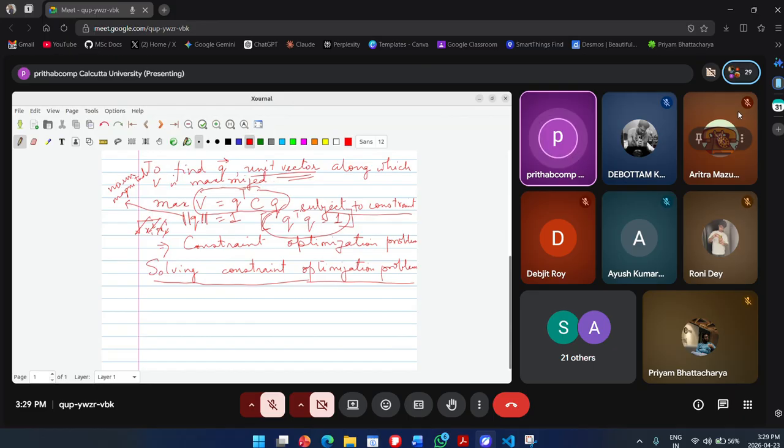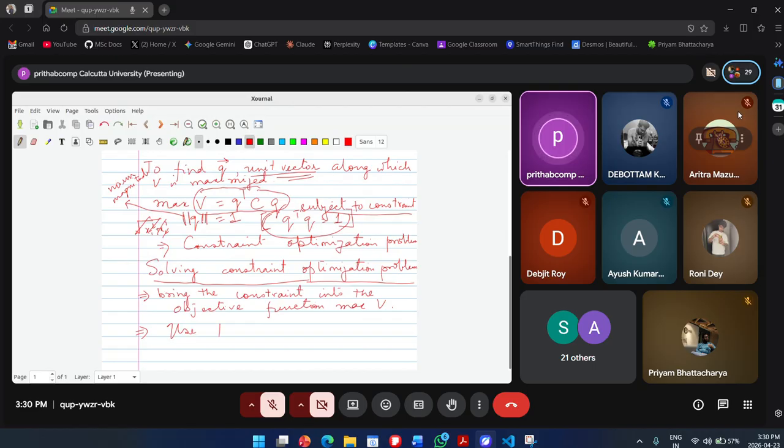So basically what we are trying to do is bring the constraint into the objective function, this maximization of V. The step to do it is called a Lagrangian multiplier.